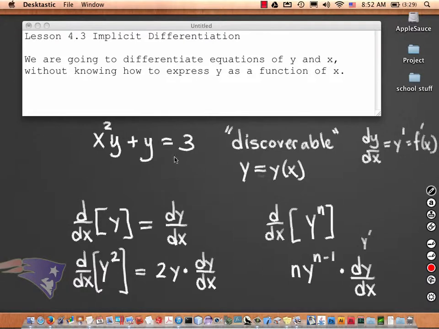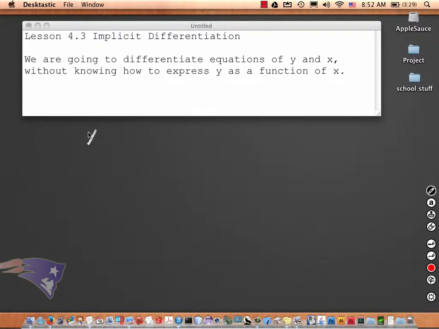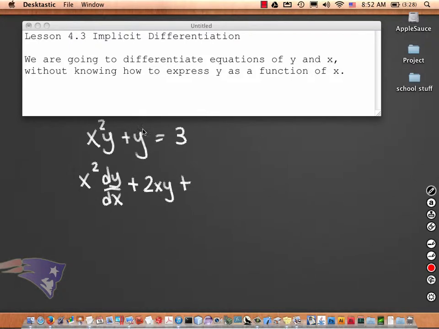Okay? So now we can take this equation right here. I'll go ahead and rewrite it. X squared y plus y equals 3. And we can differentiate it. So let's do that. So here's a product, so I have to use the product rule. First times the derivative of the second, x squared dy dx, plus second times the derivative of the first, 2xy, plus now the derivative of y, dy dx, equals the derivative of a constant, 0.